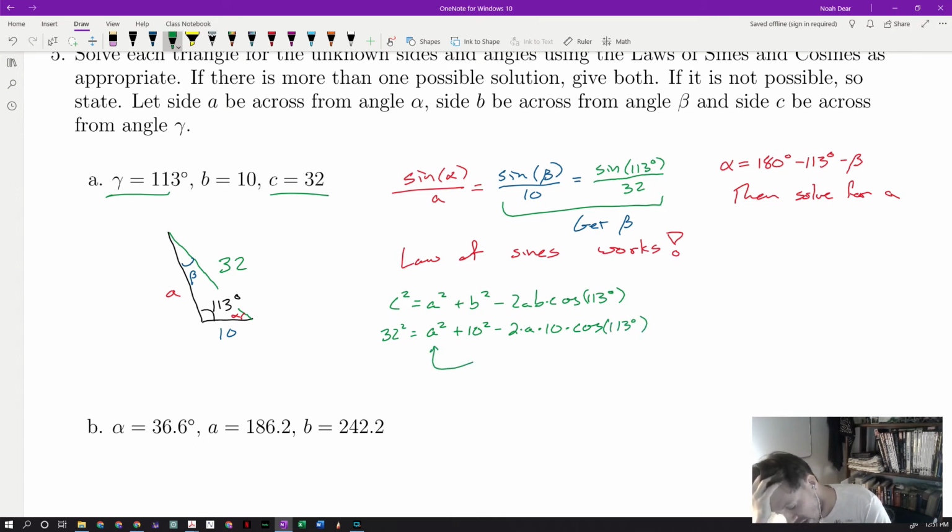And so I do, in this case, a is the only variable, so I can solve for it.